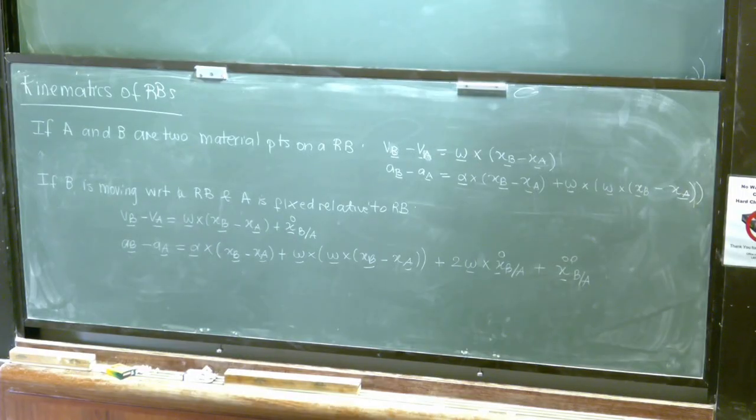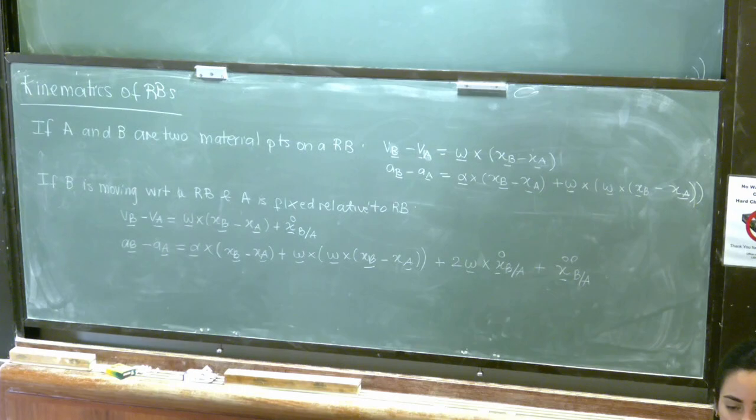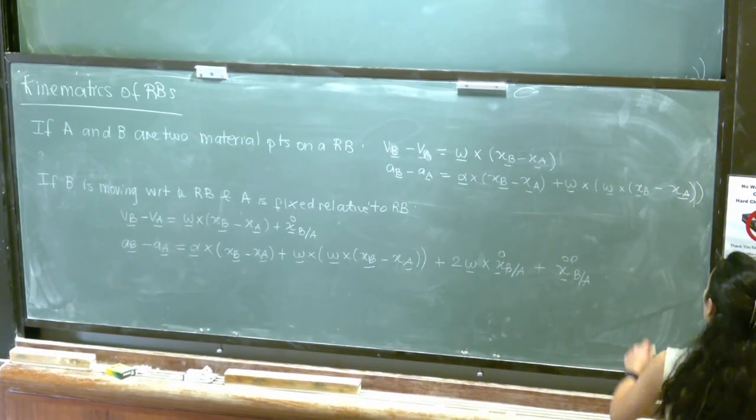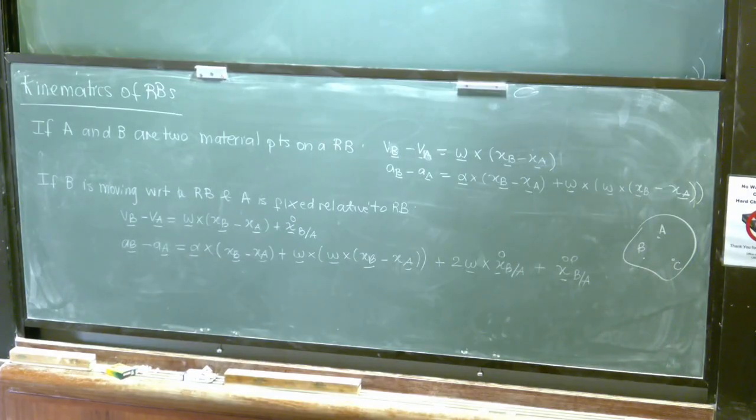What are omega and alpha? They're the angular velocity and the angular acceleration of the rigid body, and they are properties of the rigid body. So say that I have a rigid body and I have 3 material points on it, A, B, and C. If I'm doing the velocity analysis between A and B and A and C, will I use the same angular velocity and same angular acceleration?